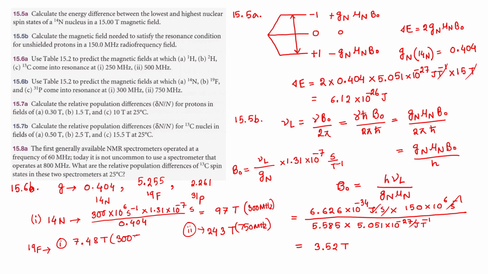The magnetic field required for 750 megahertz is 18.7 Tesla.